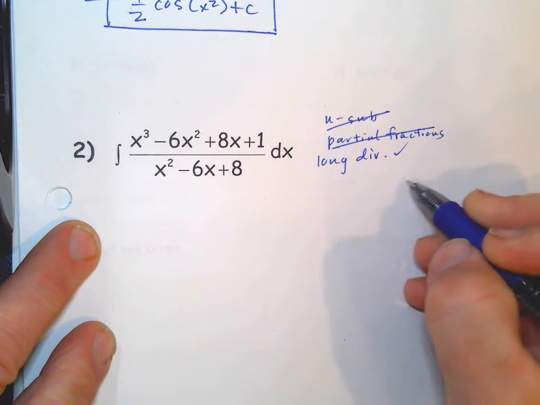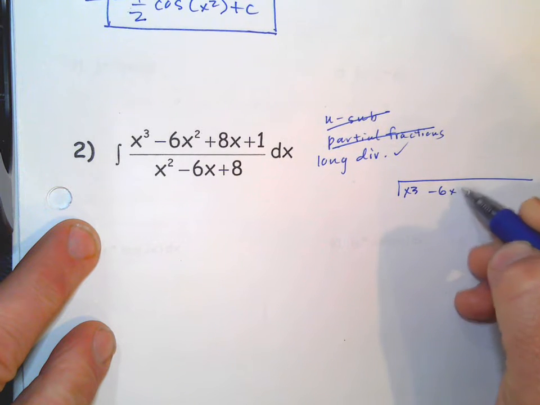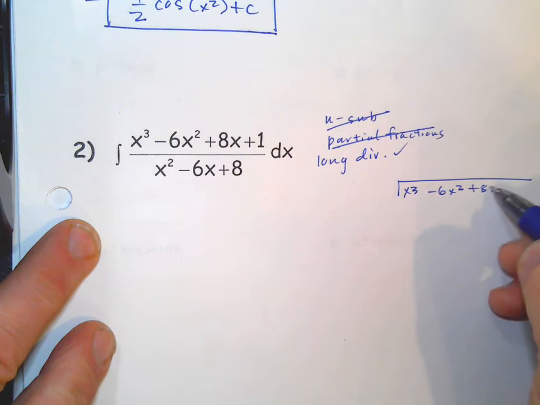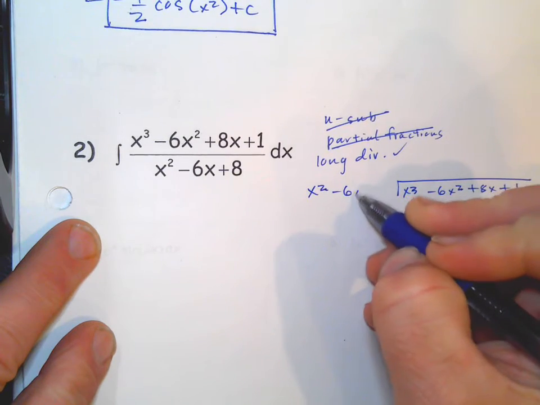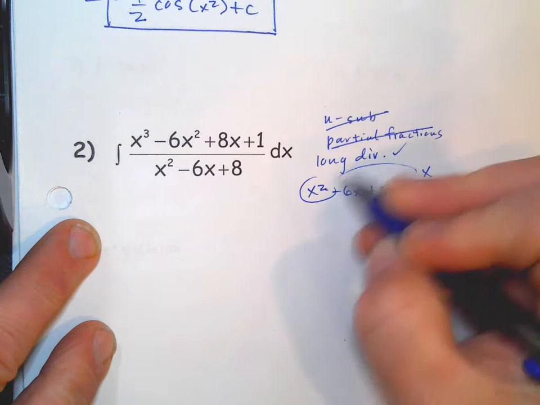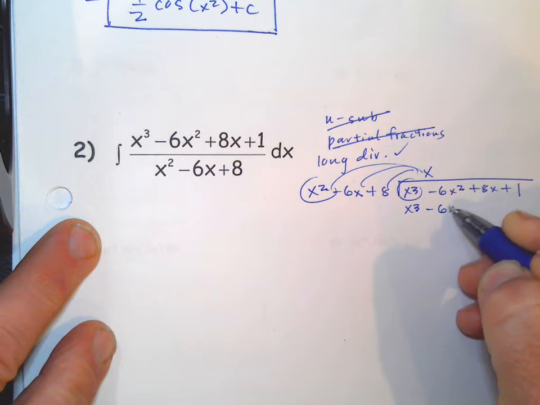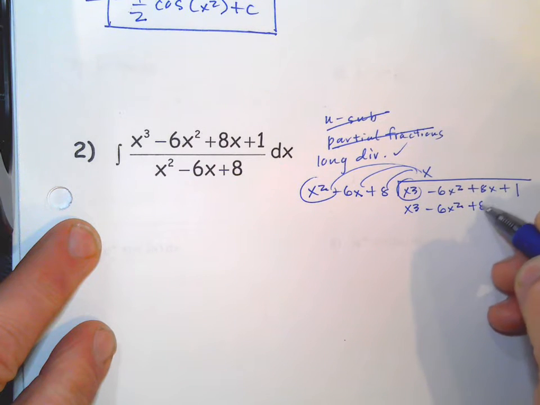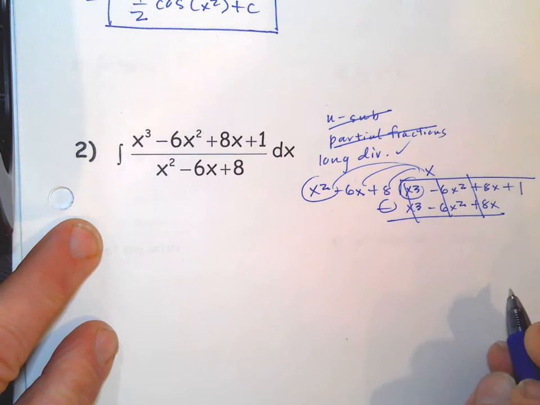Okay. So it's going to be x cubed minus 6x squared plus 8x plus 1 divided by x squared minus 6x plus 8. Focus on the first term, so that's going to be x. Distribute: x cubed minus 6x squared plus 8x. I'm going to subtract it. Everything cancels out.